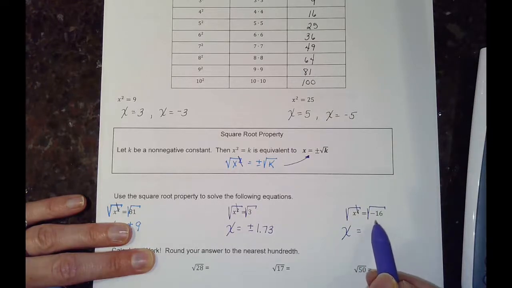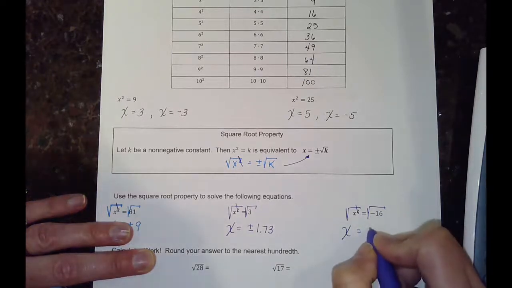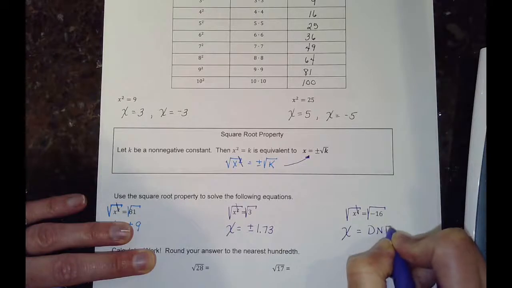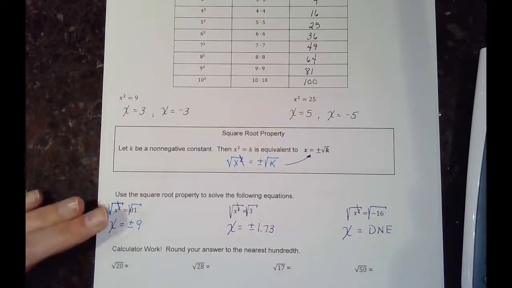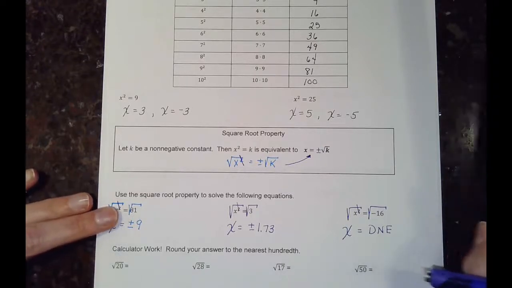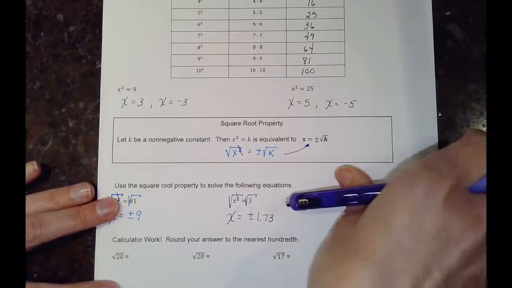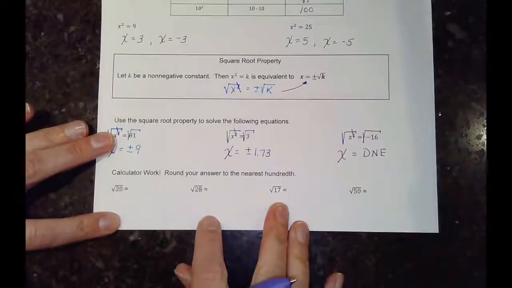No matter what, if you square a positive or if you square a negative, you'll always get a positive value. So this x does not exist because negative 4 times negative 4 is positive 16. So you cannot take the square root of a negative number, and your calculator will remind you of that. You'll get an error.